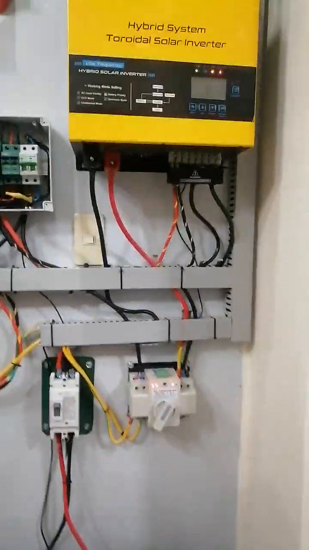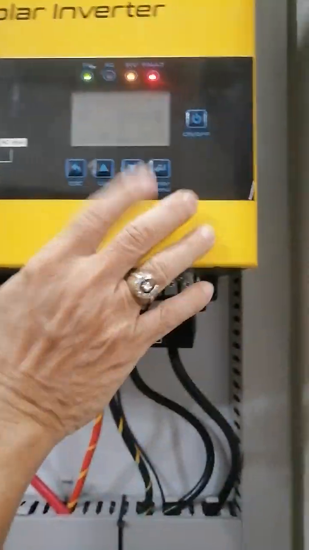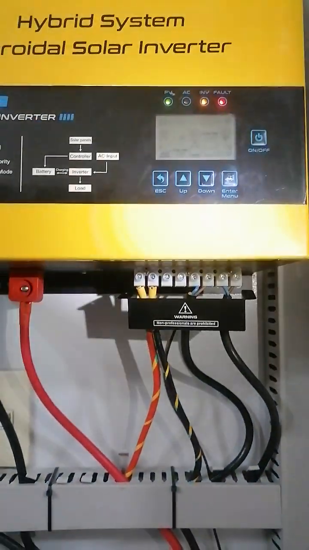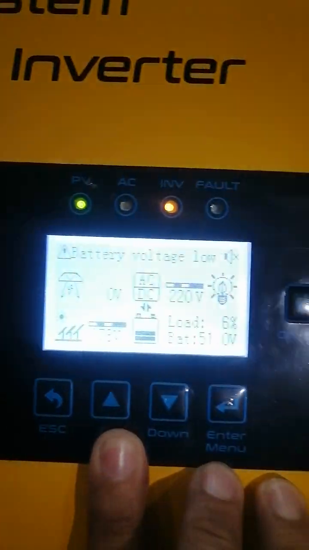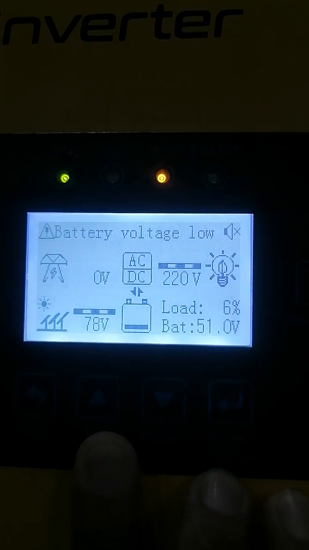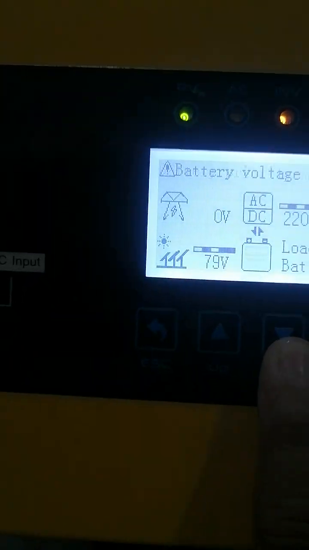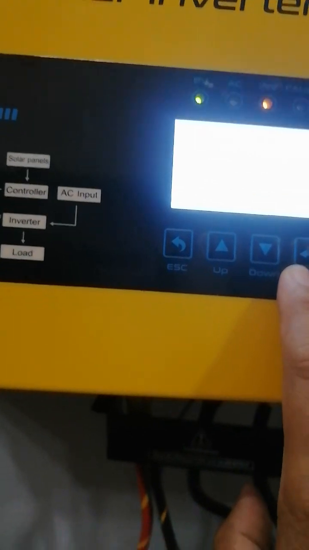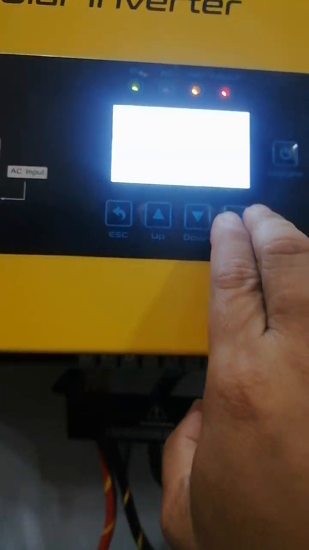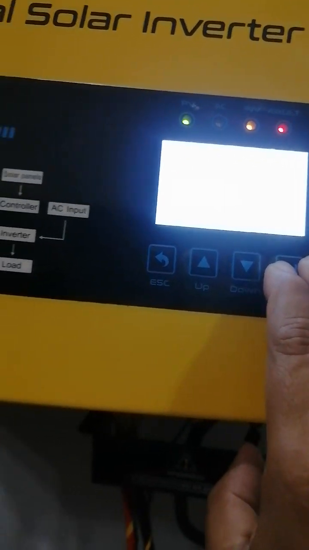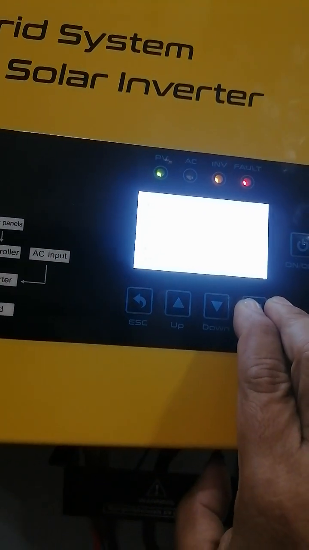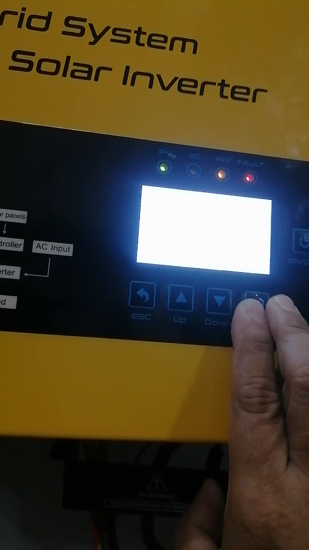And also, the system mode is on battery priority. Put it on eco first. On page 4. So we will remove battery priority because right now the battery is very weak.